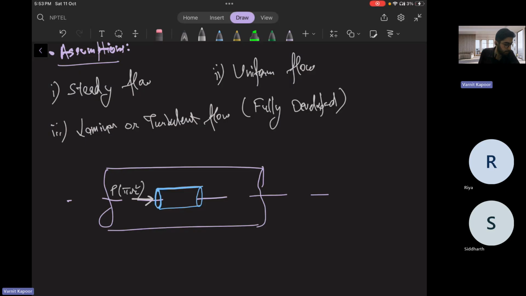Let us suppose r is the radius of the fluid element. And on this side it will be P plus dou P by dou x dx into pi r square. So let us suppose the length of this fluid element is dx. Okay. And there will eventually be a shear force which will be acting opposite.